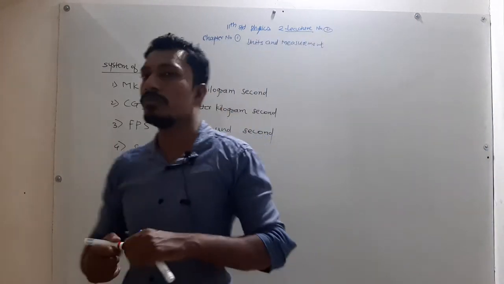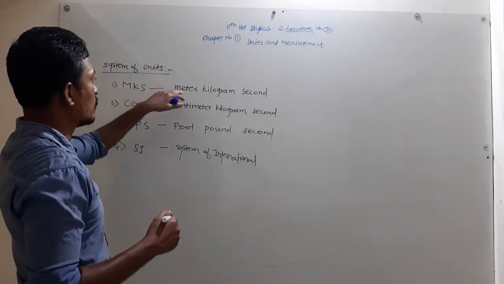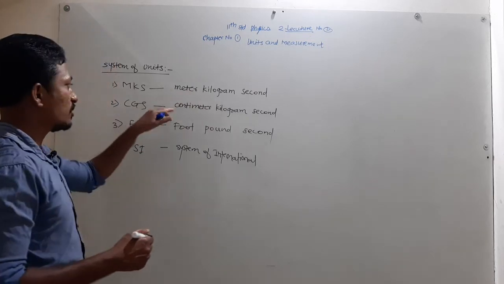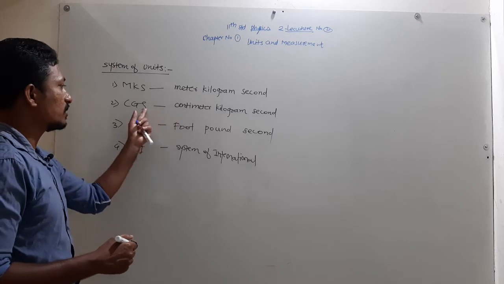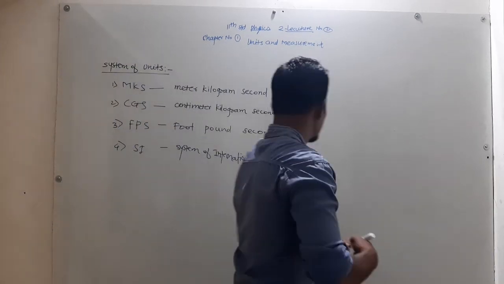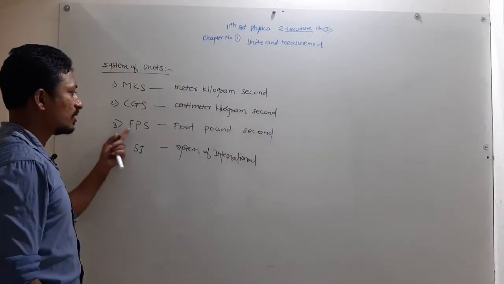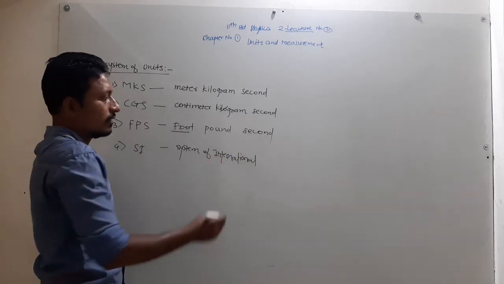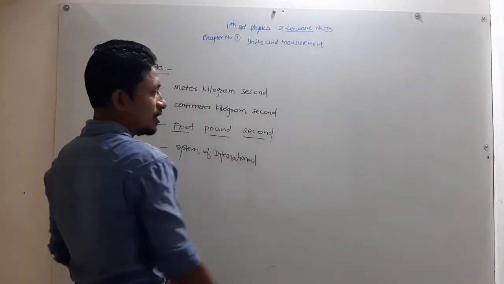In the MKS system, length is measured in meter, mass in kilogram, and time in second. In the CGS system, length is measured in centimeter, mass in gram, and time in second. In FPS, that is foot, pound, second, length is measured in foot, mass in pound, and time in second.